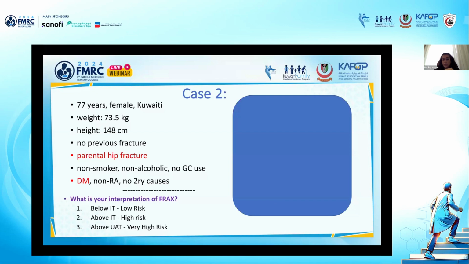There is no DEXA scan here. I have not put a DEXA. The patient came without a DEXA scan. Okay. So for number 12, you will not put anything.